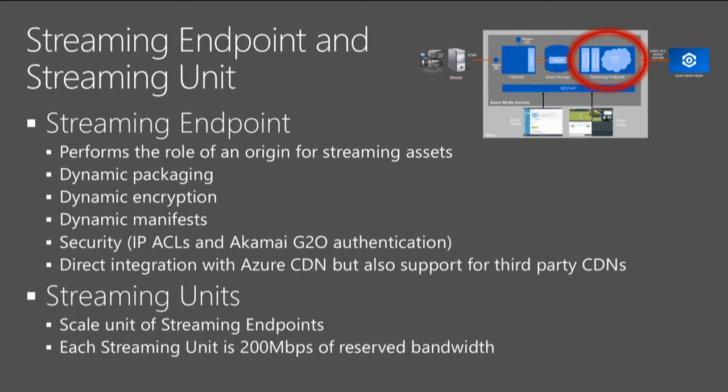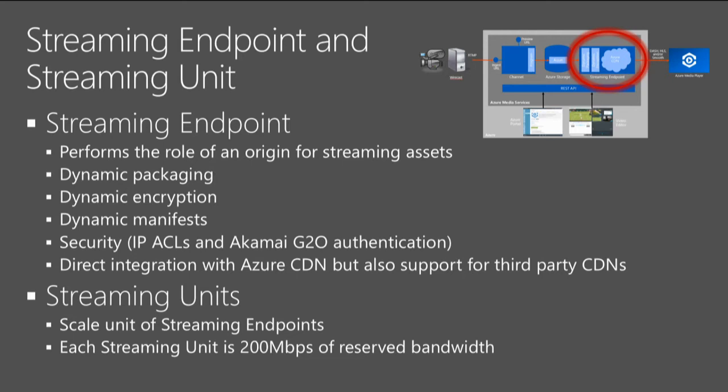The program and the asset were about archiving it. The streaming endpoint is essentially the compute entity that we will stand up for you to allow you to stream it out. So think of it as really like an origin service, if you understand what that is. So it will provide you with the URL that you'll use to reach out and get your content.